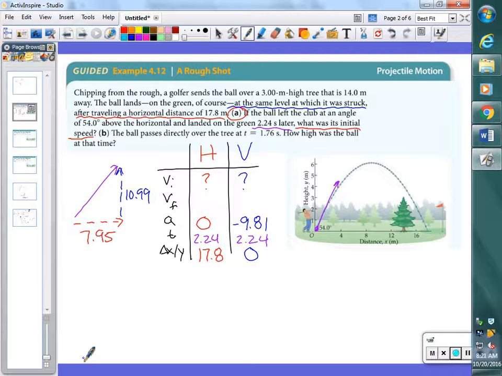So let me go ahead and do that. And that's what I ended up with as far as the initial velocity of the golf ball. Okay. Does that make sense?